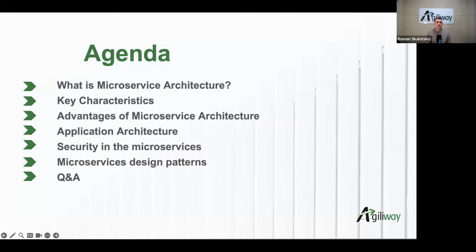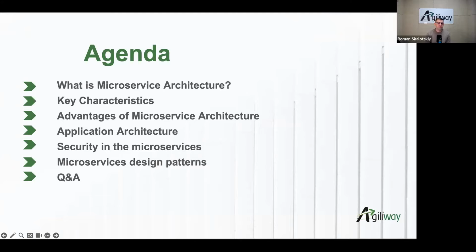After that, we will review the key characteristics of microservices. Next one is advantages of microservice architecture. I will briefly overview the advantages of the microservice architecture. After that, in this section, we will consider application architectures and compare them.